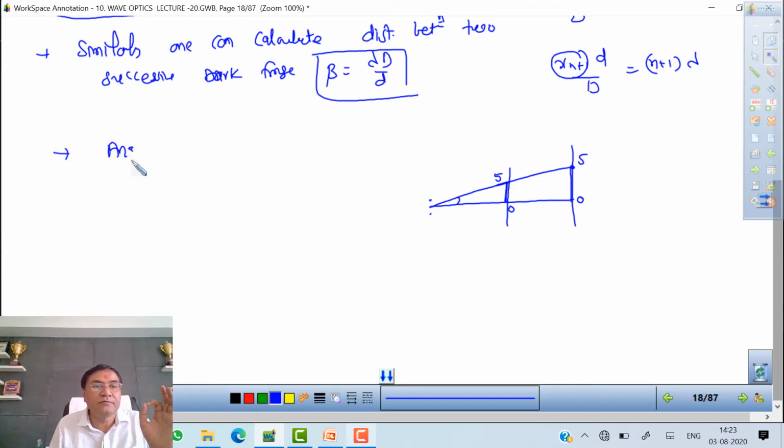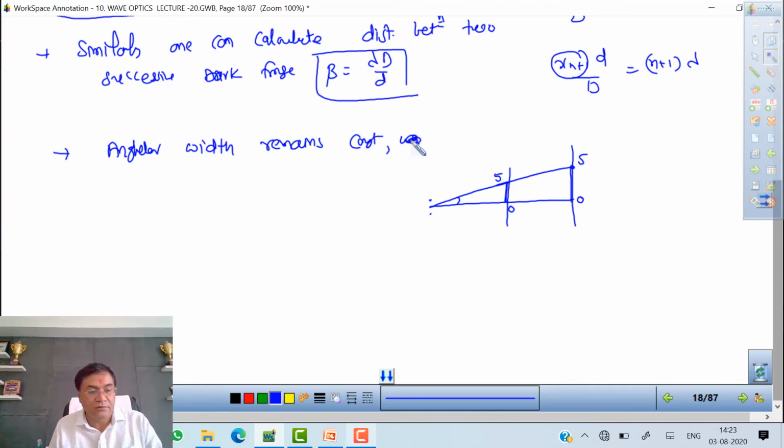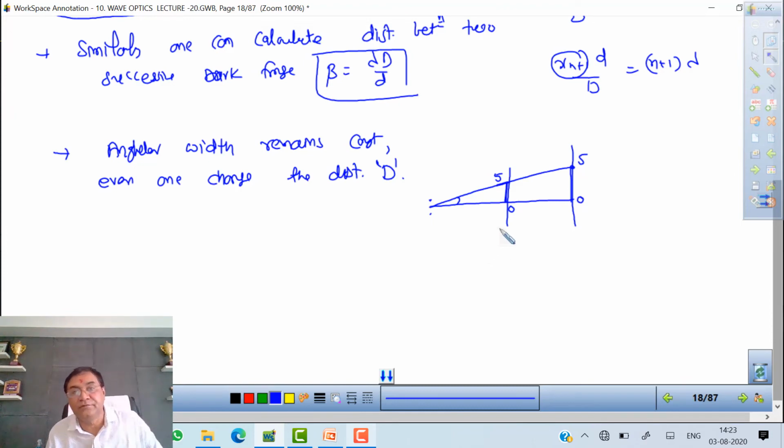So angular width remains constant even if one changes the distance capital D. એનાથી ફેરફાર થતો નથી. ઓકે, કેપિટલ D બદલાવાથી ફેર પડતો નથી. સ્મોલ d ફેરફાર થશે. If you change the small d તો શું થશે?